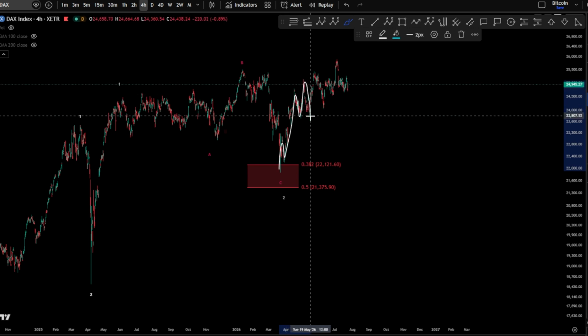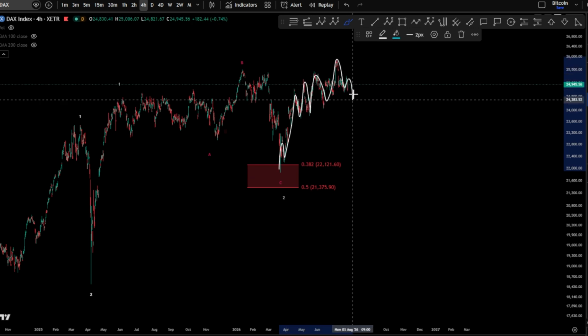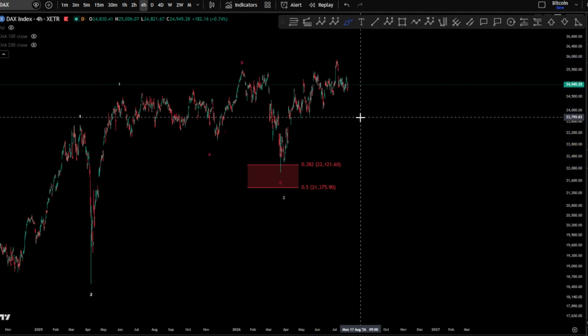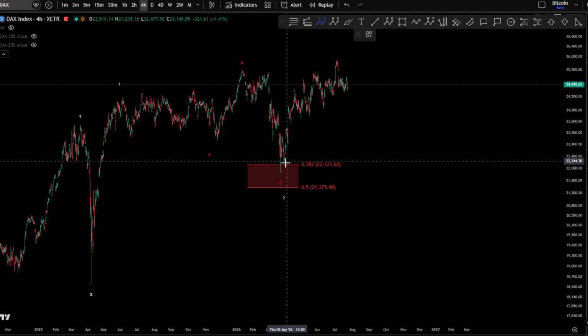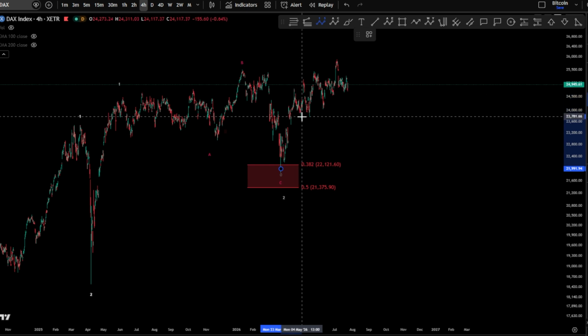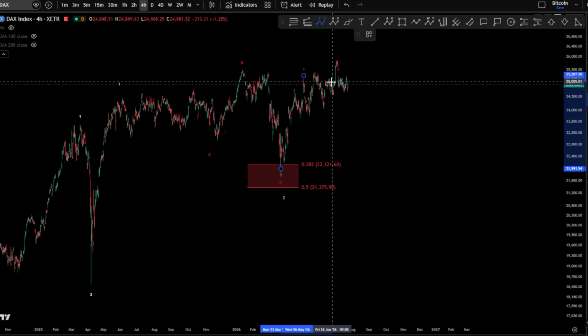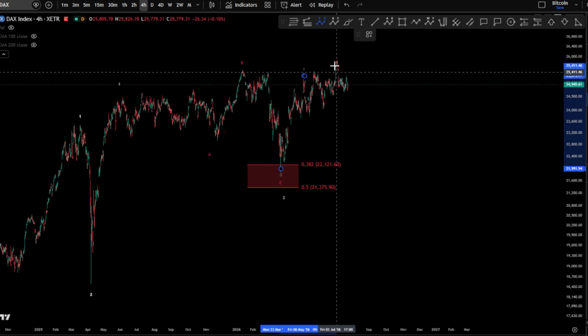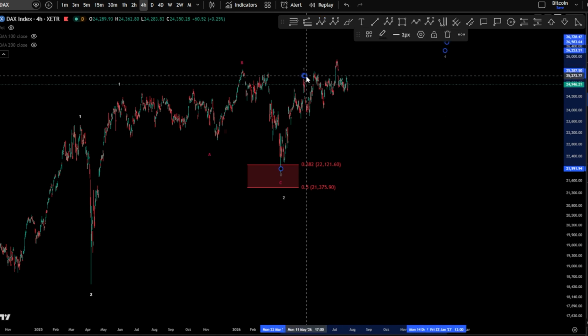Now, this potential correction that is happening here can be, of course, another A, B, and a C. So we're gonna mark this, by the way. So you have a wave 1, 2, and then wave 3 here, 4, and a 5 potentially finished there. And this is your wave 1, your wave 2, and then 3, 4, 5 to continue toward the upside.